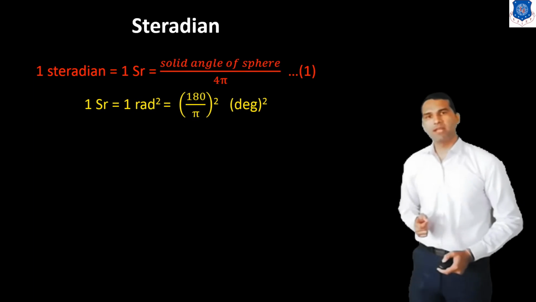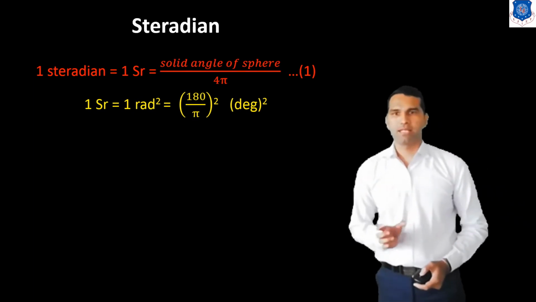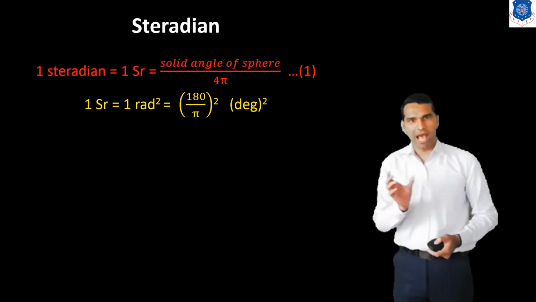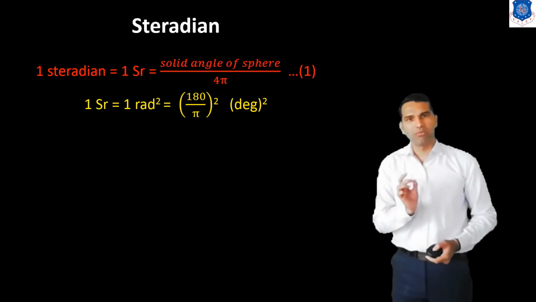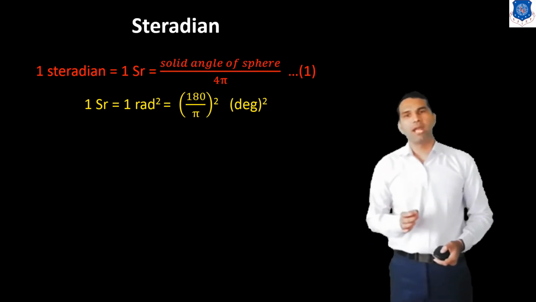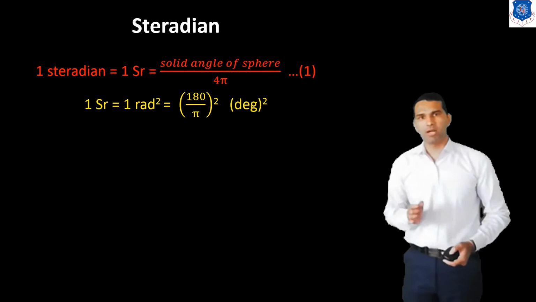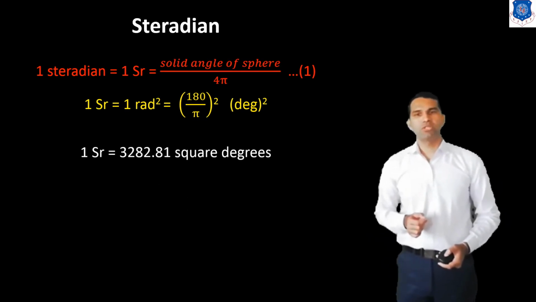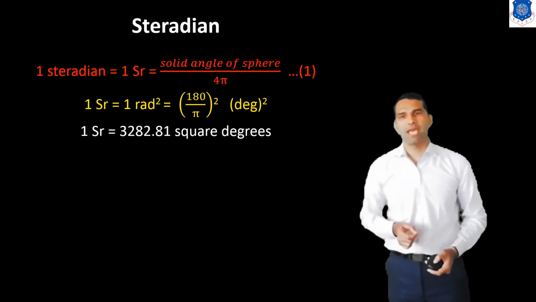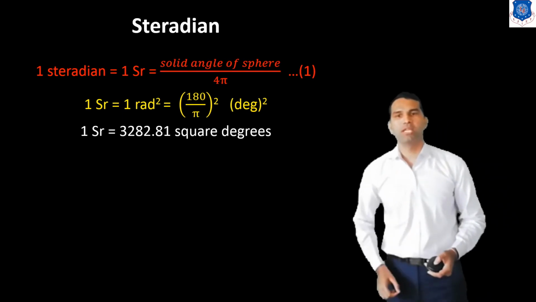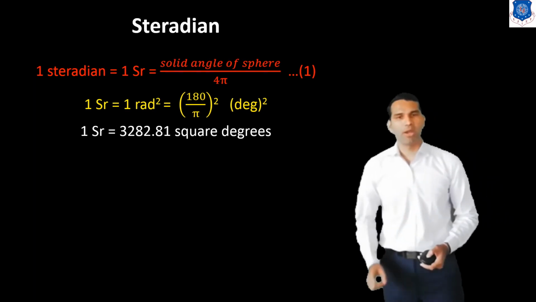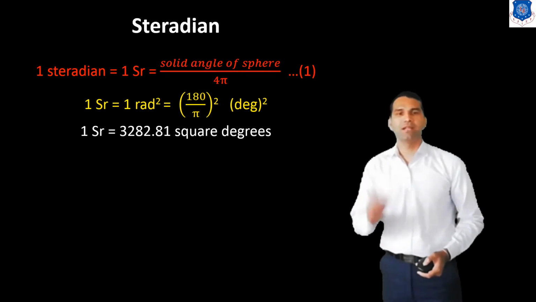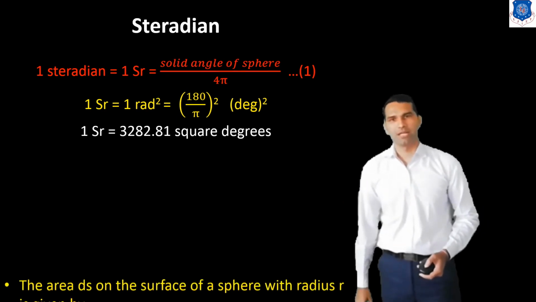Or we can define steradian in terms of the radian: 1 steradian equals 1 radian square. We know that 1 radian equals 180 upon pi, so 1 steradian equals (180 upon pi) square. When we solve this, we get 1 steradian equals 3282.81 square degrees. This is the relation between steradian and degree.